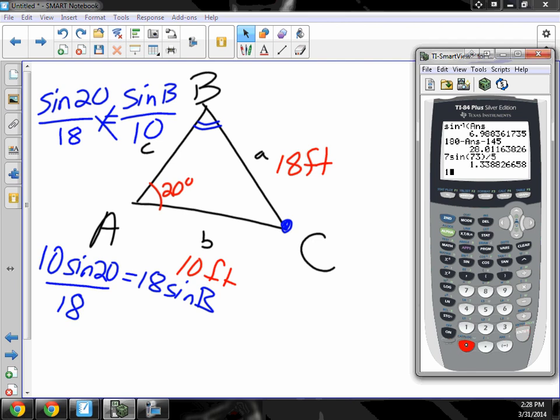So 10 sine of 20 divided by 18. Does this have solutions? Yes. How come? It's less than 1. So now I can inverse sine. So I just found angle B to be 10.95.